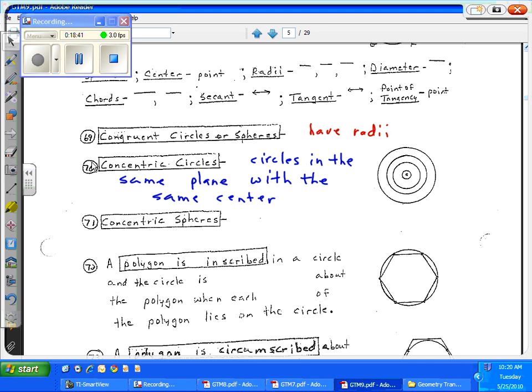Now, spheres are three-dimensional, so all we have to say there is they're spheres with the same center. Concentric circles are circles in the same plane with the same center. Concentric spheres are spheres with the same center.